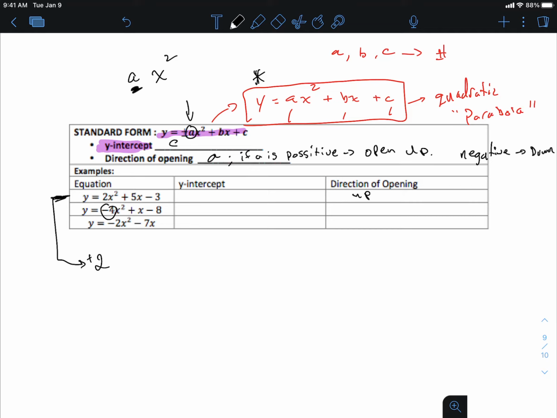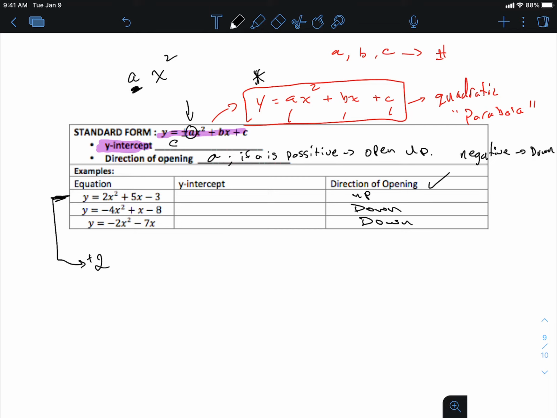Negative 4. Down. The next one is also negative, so it also opens down. This is the easier of the 2 pieces of information.